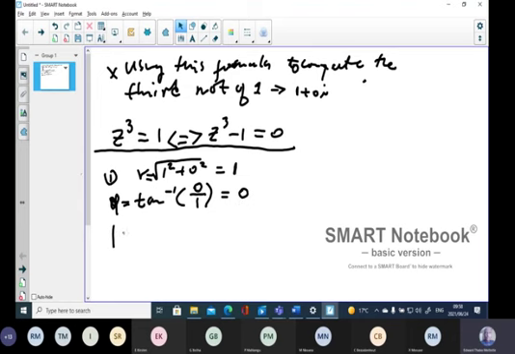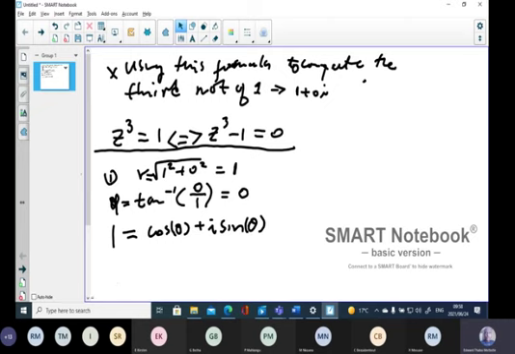Now 1 as a complex number is equal to cos 0 plus i sin 0, not theta, this is 0.